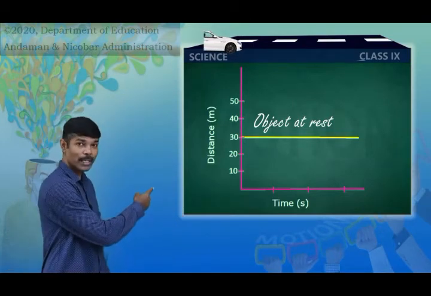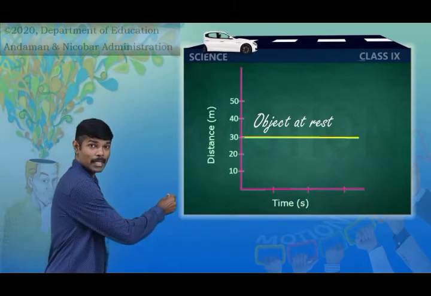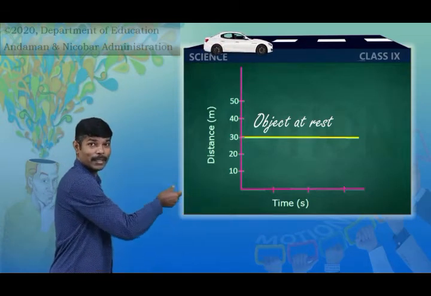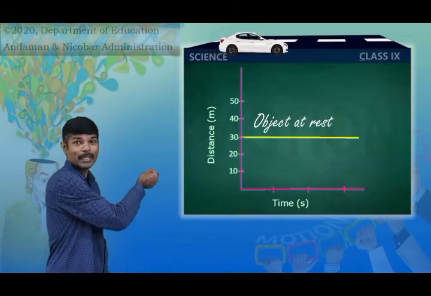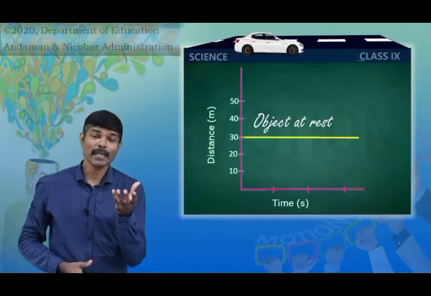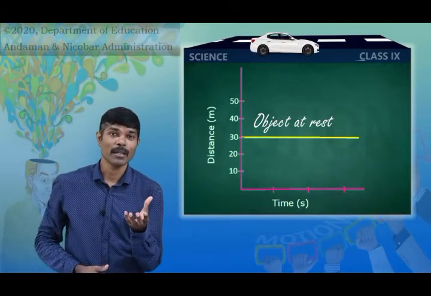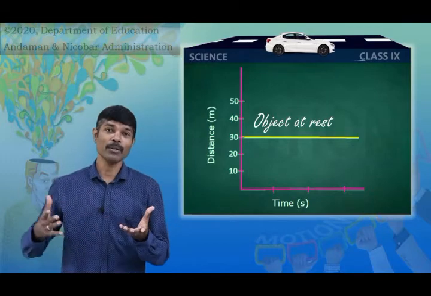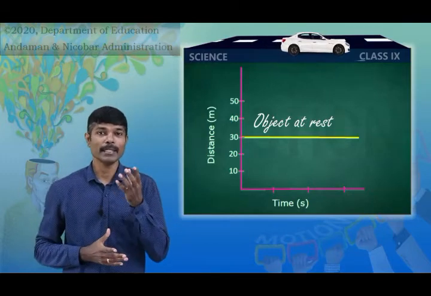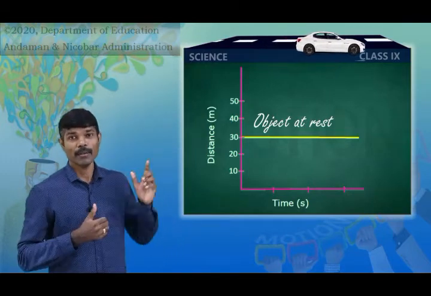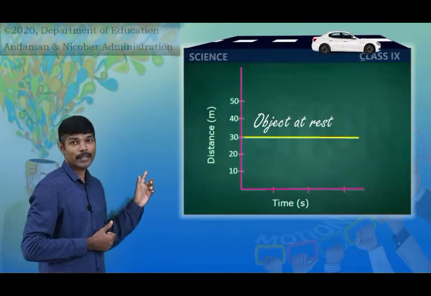In this graph you can see that the time is moving forward, but the distance is the same. That means the object remains in the same position. Whatever the time goes, the object remains in its same place. That is why the object is at rest.